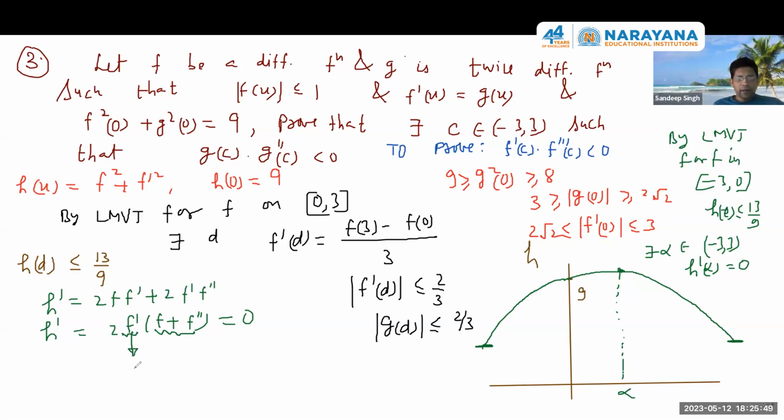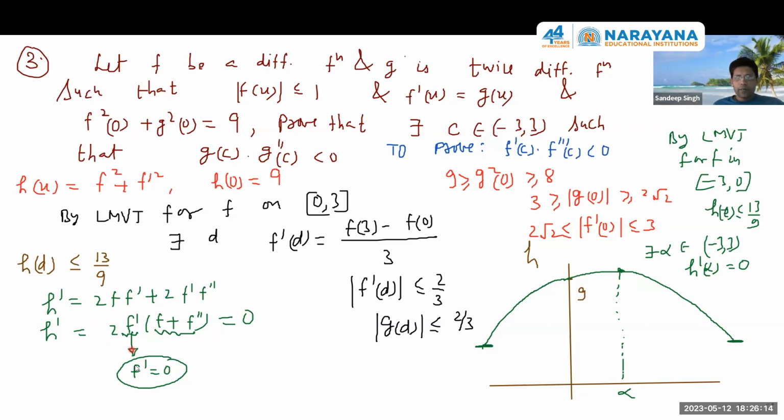Suppose I assume f dash is 0. Then the value of h at that point is f square only, and f square is less than 1. That means the maximum value is less than 1, which is not possible.